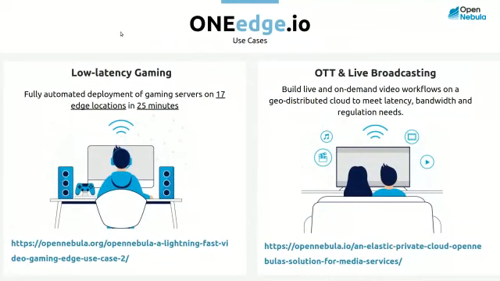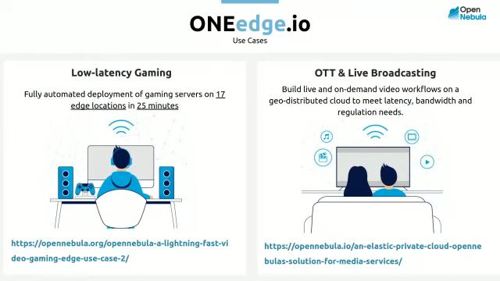Some interesting case studies or use cases we've been working on and have identified among our customers and our user base. Gaming, for instance, is one of the markets in which we're seeing a gradual tendency to improve the performance of gaming services by reducing latency and putting things closer to the end user.